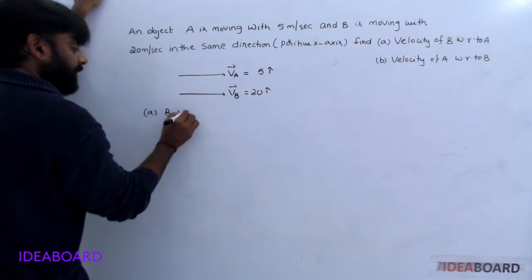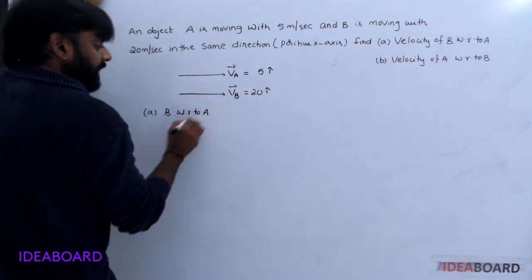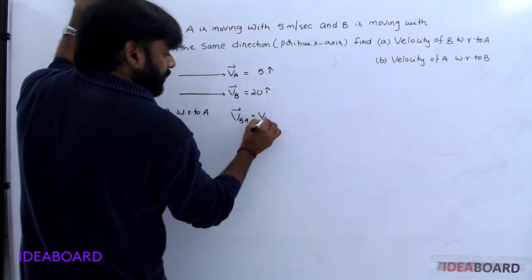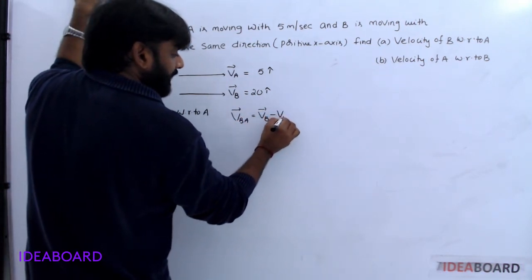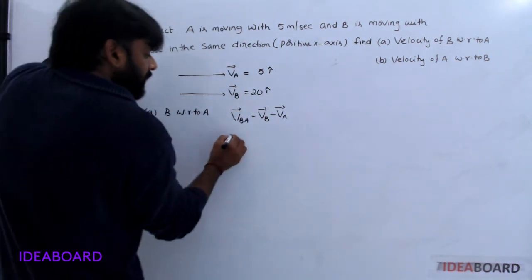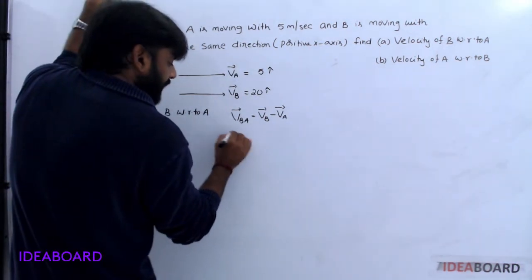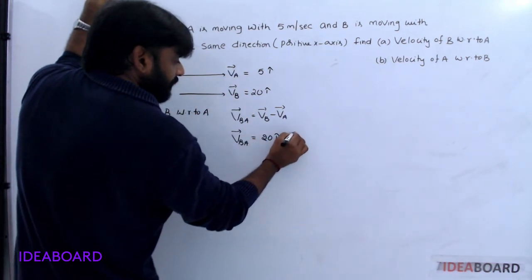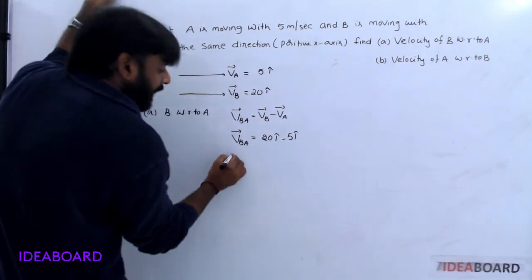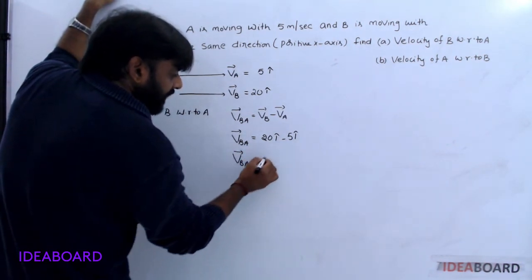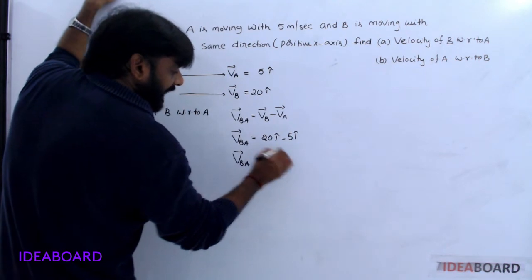B with respect to A means V_BA bar is equal to VB bar minus VA bar. B with respect to A is equal to 20 i cap minus 5 i cap. Okay, B with respect to A, 20 minus 5, 15 i cap.